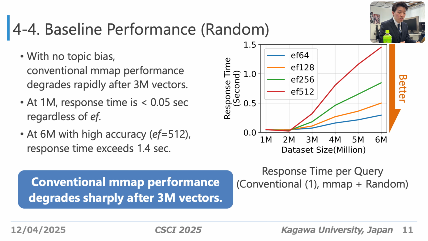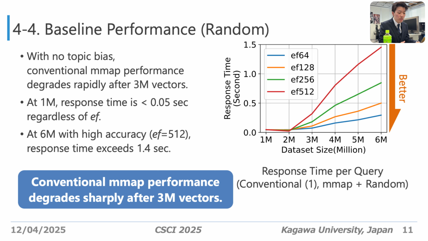From here, I will show the response time result. The x-axis represents the dataset size in millions, and the y-axis represents the response time in seconds. The orange arrows indicate that lower is better. This slide shows the baseline performance using conventional mmap with random queries.